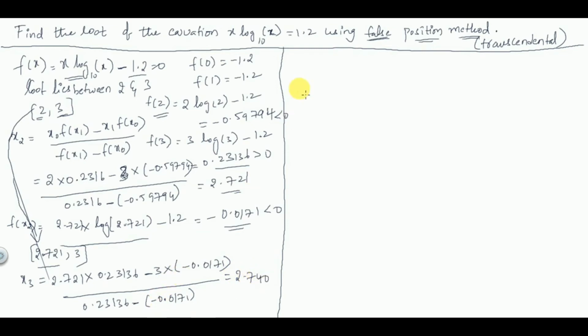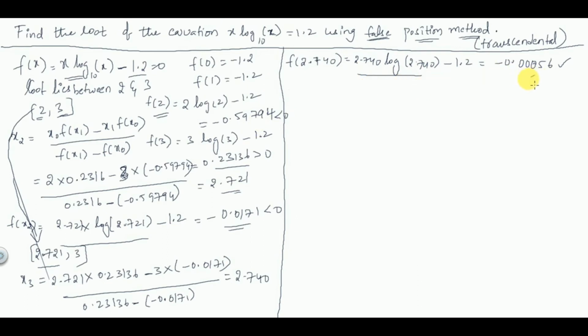If you do this, you'll get around 2.740. And f of 2.740 is 2.740 into log of 2.740 minus 1.2, which is around minus 0.00056. I'm directly writing the values, but while you solve the problem, check using your calculator.